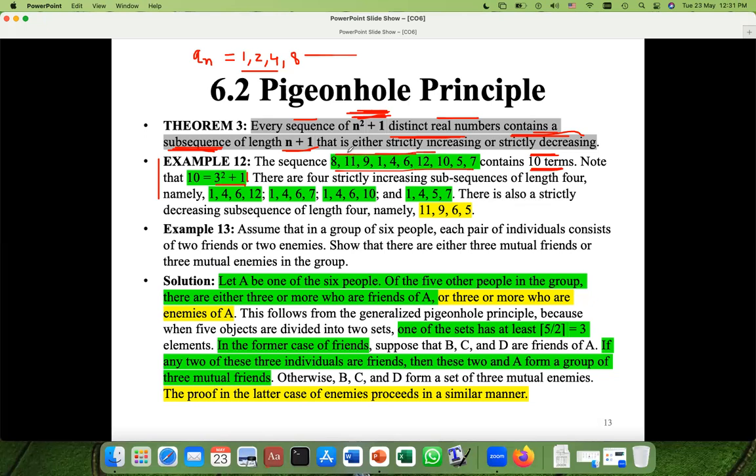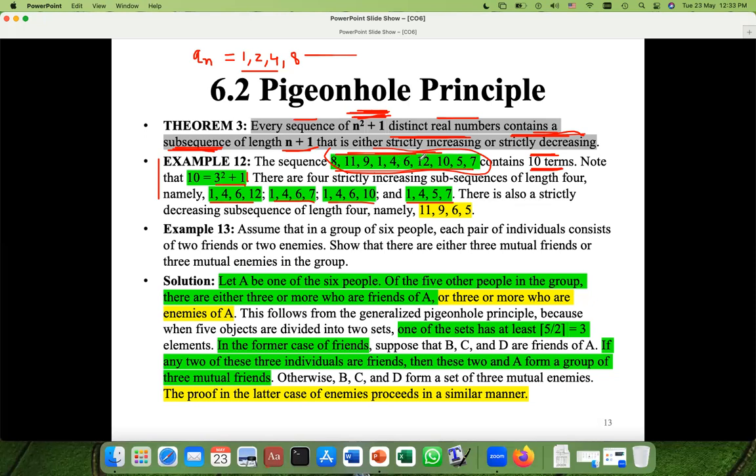And those subsequences will have the property of strictly increasing or strictly decreasing. For example, here there would be four subsequences. These are subsequences of this bigger sequence, and they have the property of strictly increasing.